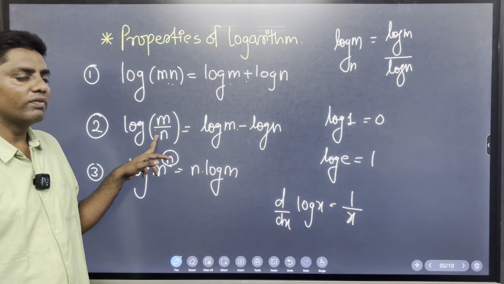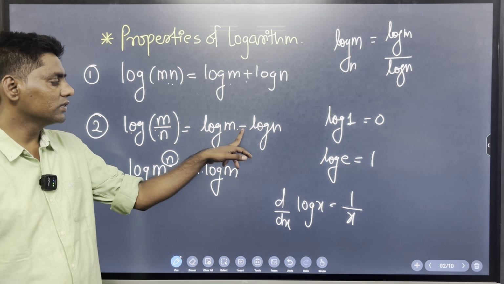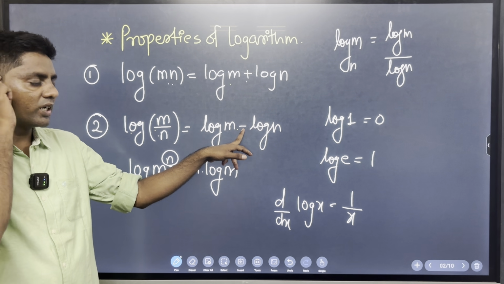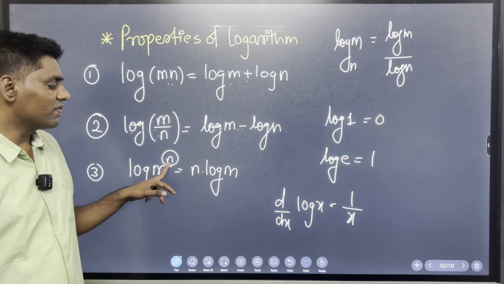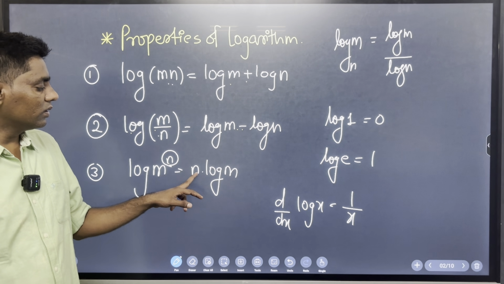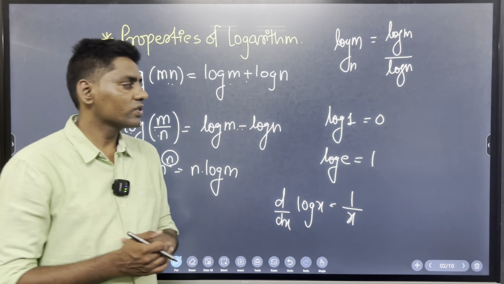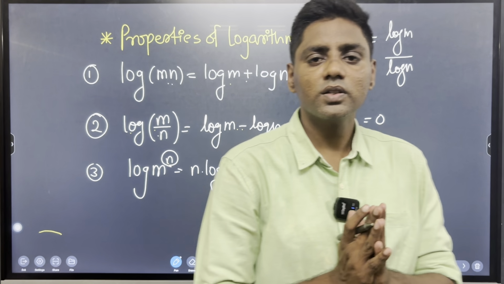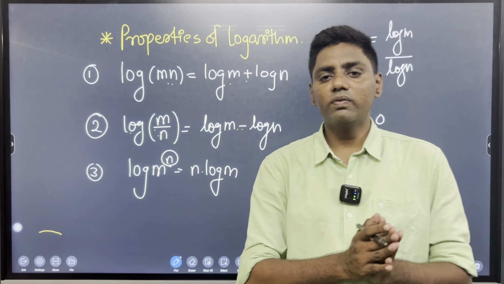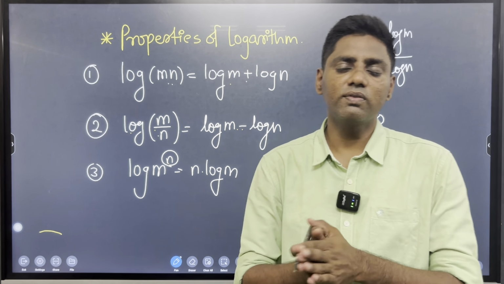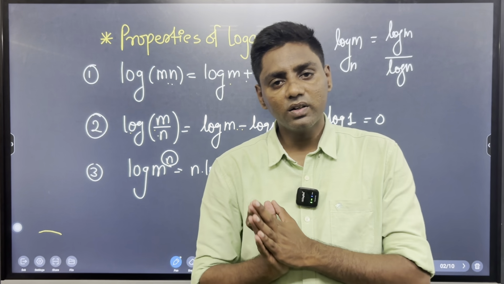When there is division inside the log, the property becomes subtraction. When a power is given, the power becomes a multiplication. After that, write the formulas. This is how we solved these questions on the basis of logarithms and took the derivative.